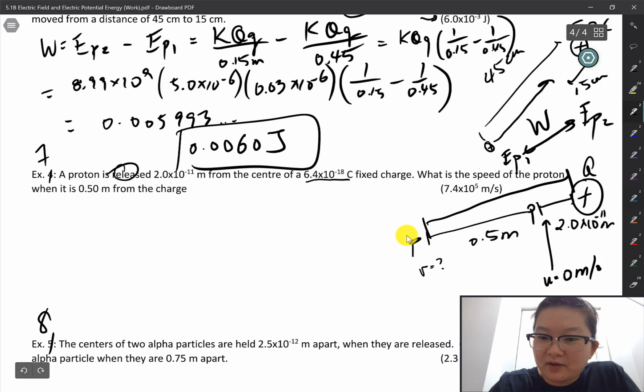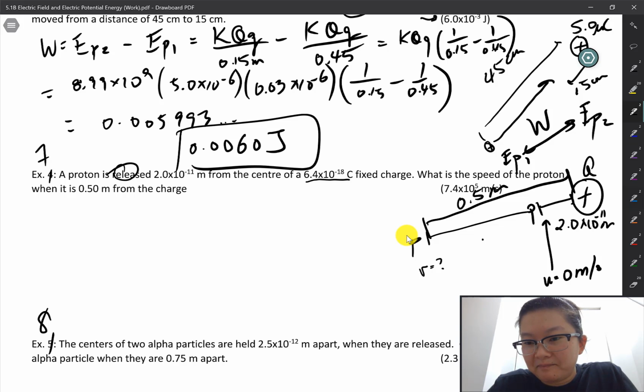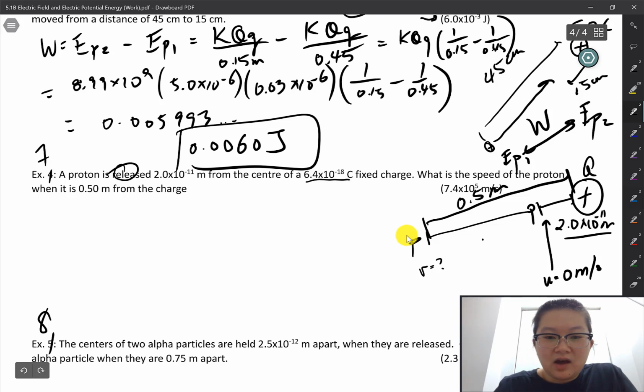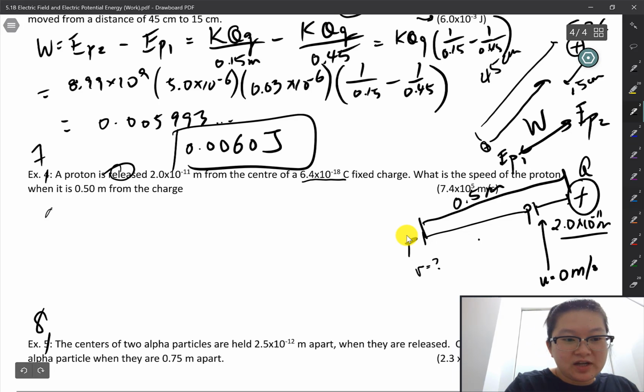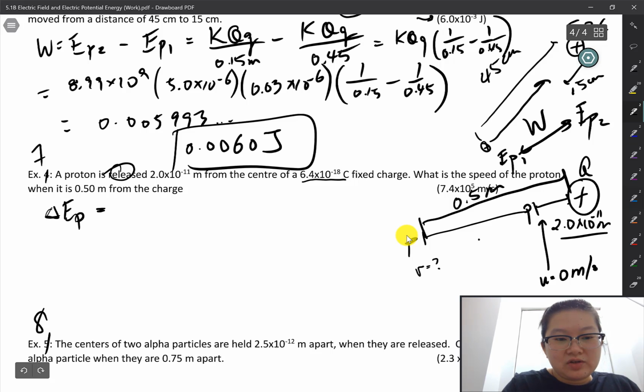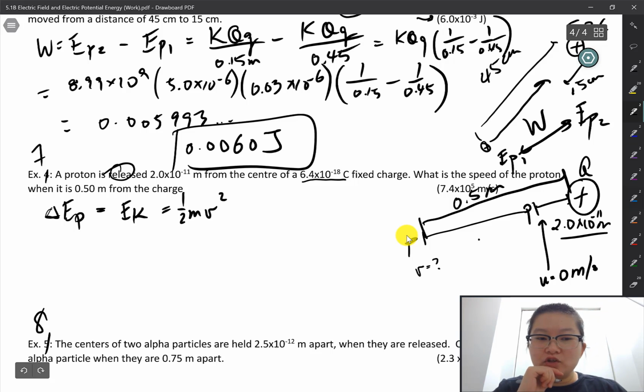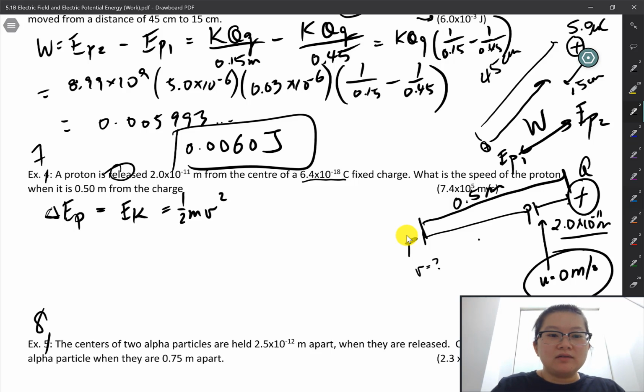That 0.5 is from there to there, okay? So, sorry, diagram is a bit elusive there. Although it is quite similar since this is a very small distance. So, this change in the potential energy is going to be equal to the kinetic energy that my proton gains, which is 1/2 mv squared, in which the initial kinetic energy is 0 since it starts off with 0 speed.